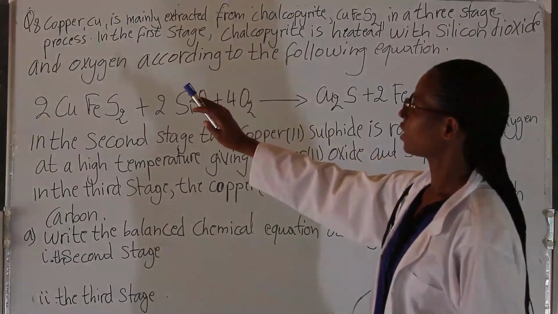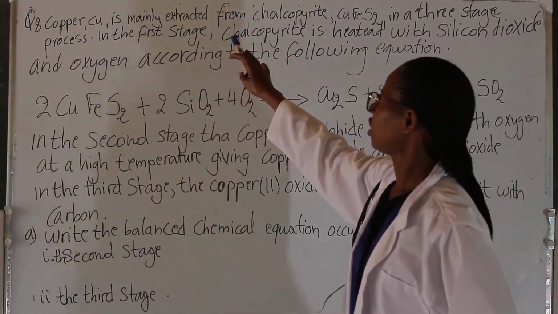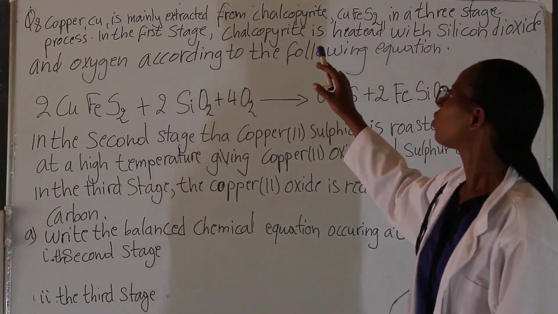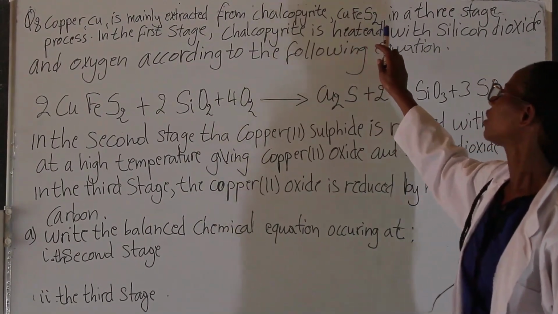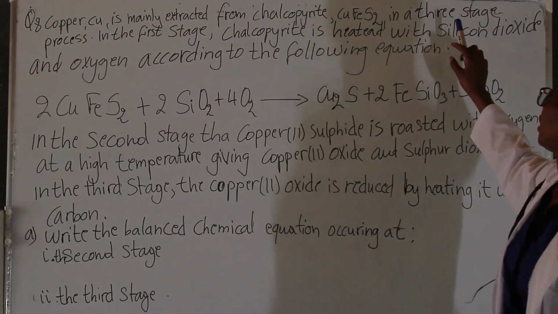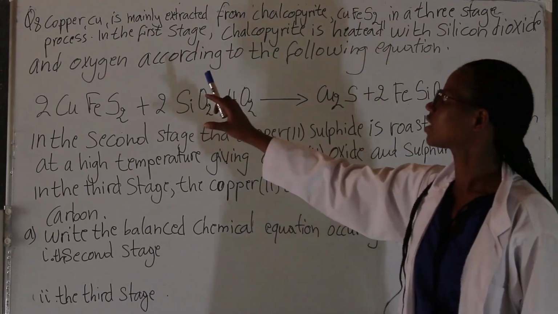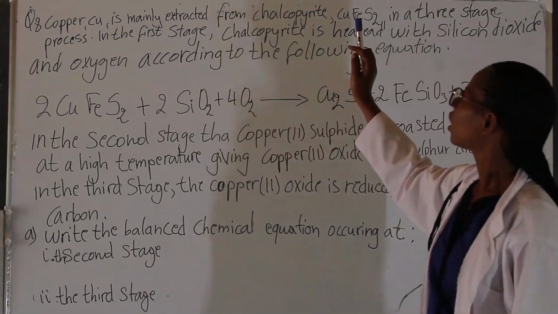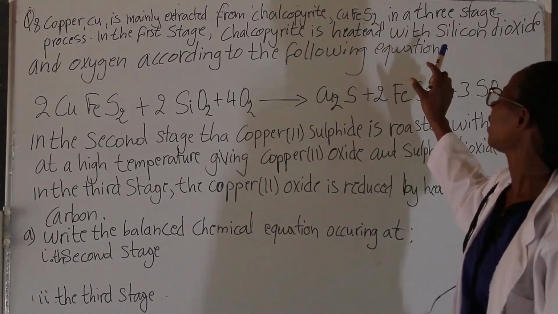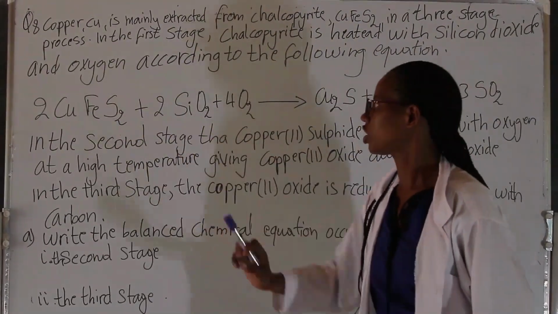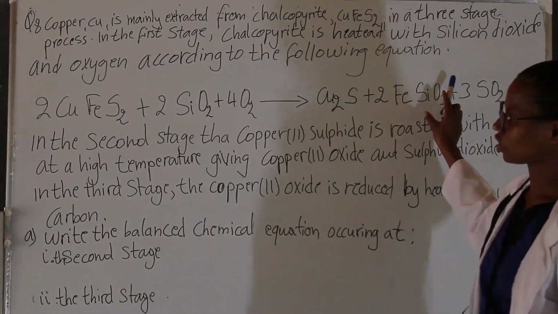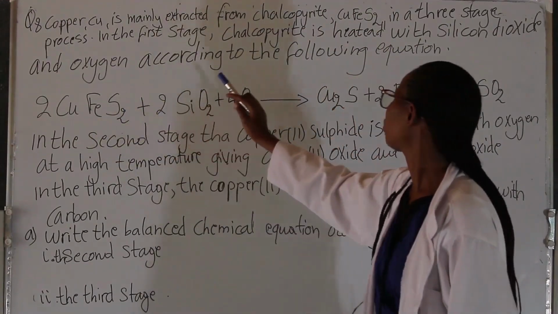For question number 8, copper is mainly extracted from chalcopyrite, which is copper iron disulfide, in a 3-stage process. In the first stage, chalcopyrite is heated with silicon dioxide and oxygen according to the following equation.